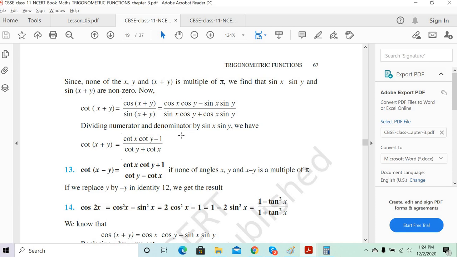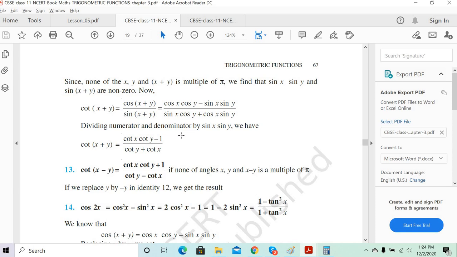So then what is the step after that? Okay, let's try to do that. So basically what you get is cot x into cot y. So cot of negative y will be equal to minus cot y, correct? Yes, sir. Next, cot y is negative, minus cot y in the denominator also. So now in the numerator you got minus cot x cot y minus 1. Denominator you got minus cot y plus cot x.